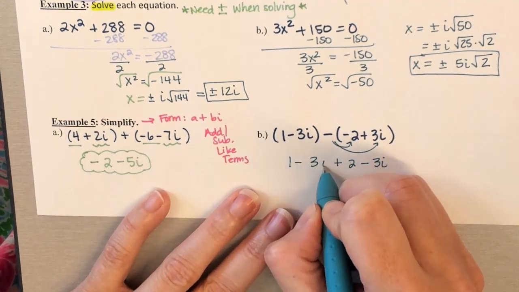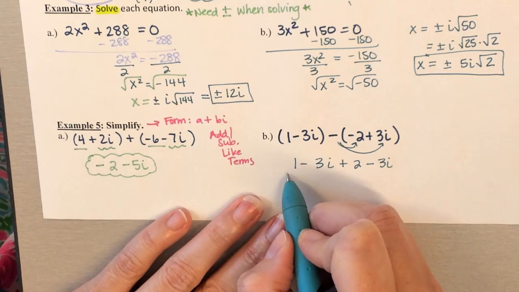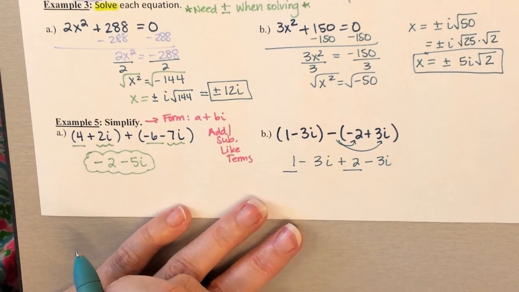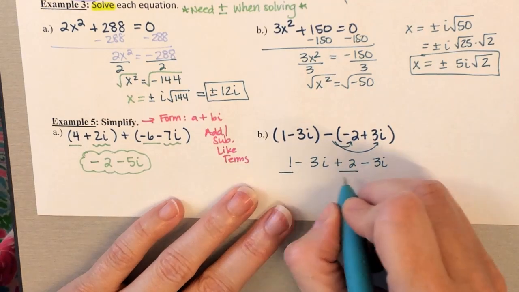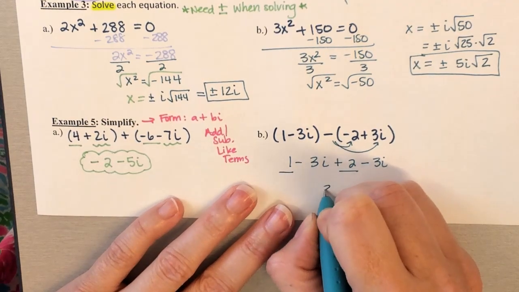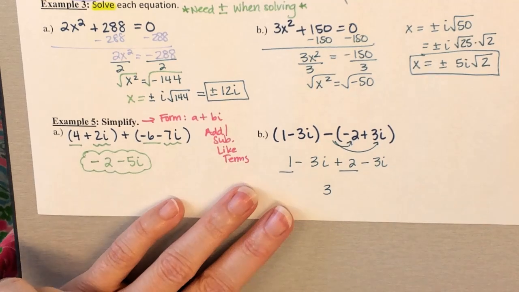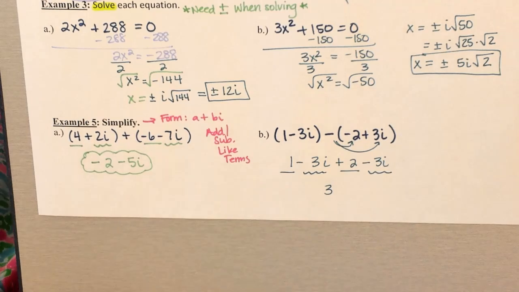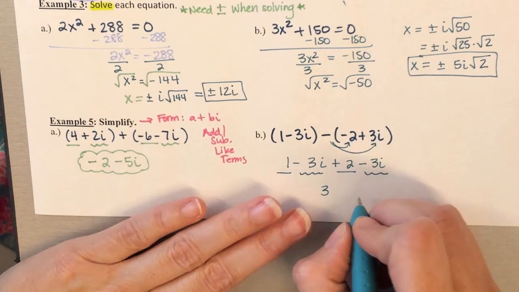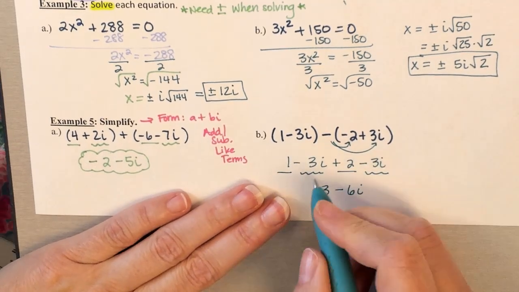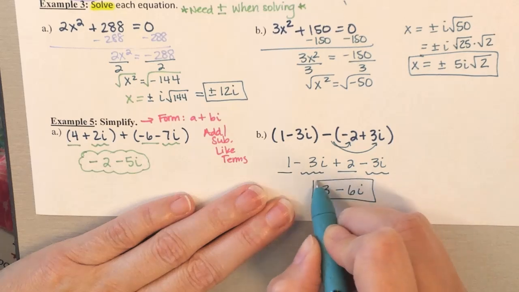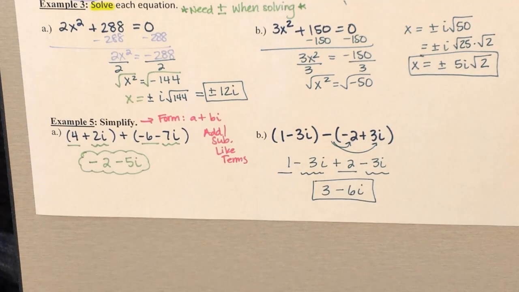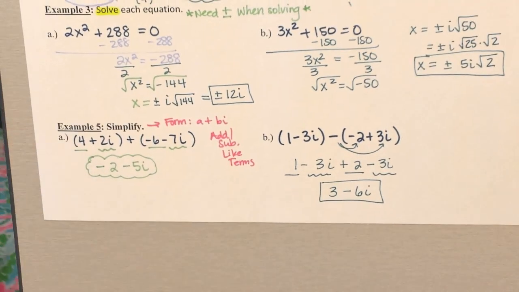Okay, I like to distribute mine and then combine my like terms. I just find I make less simple mistakes that way. So 1 and a positive 2 is going to be 3. And then how many i's am I going to have? Negative 6, right? So negative 3i minus 3i is negative 6i. Okay, so not 0, which sometimes if we look at those, we can think that they cancel. Okay, great. So that's addition, that's subtraction.